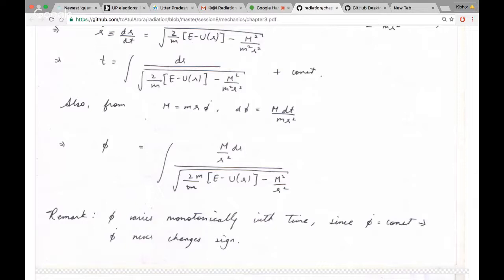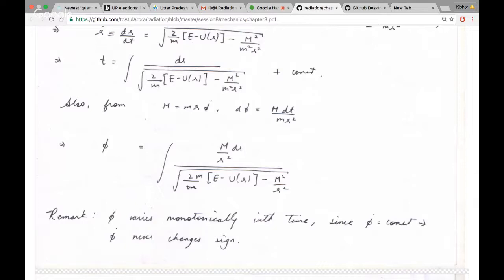How did you get this final equation? I don't see it very clearly. If I multiply dr, if I write M by r squared over here, so here we have dr, right?